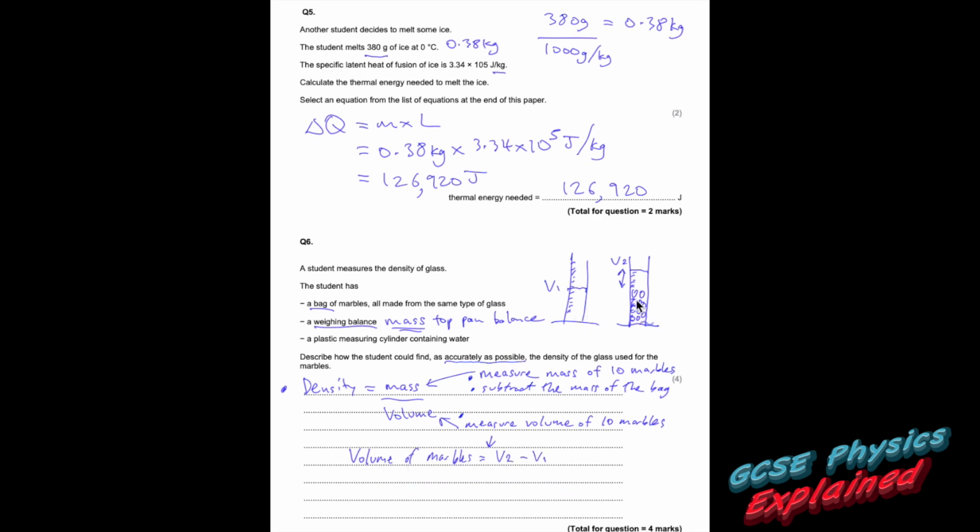Now, if you don't want to draw that picture, you could just simply write it like this. Put the marbles into the water in the measuring cylinder and measure the change of volume. That's the volume of the marbles.